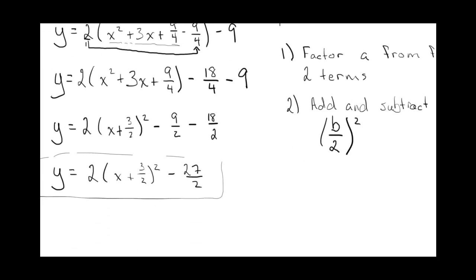So that's step 2. Step 3 was this step here, where you remove the last term in the bracket, so the 4th term in the bracket, from the bracket by multiplying by a.